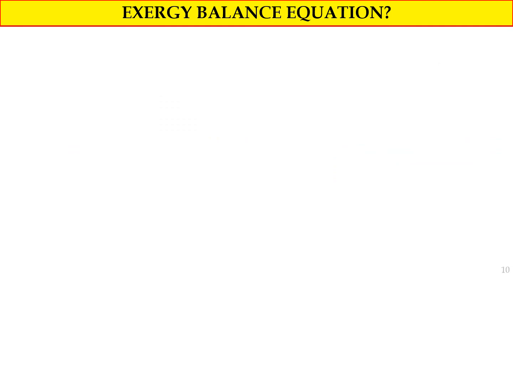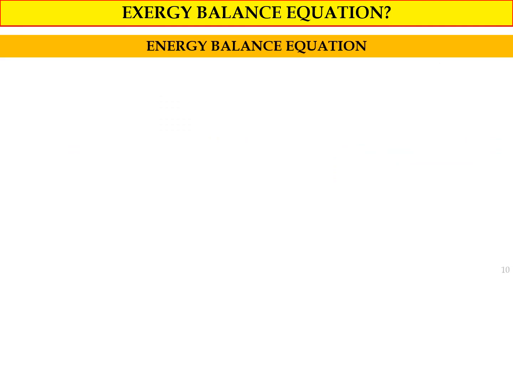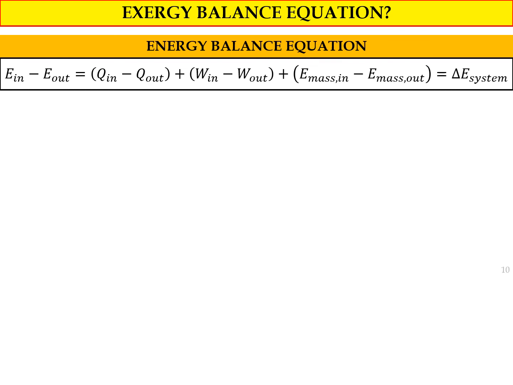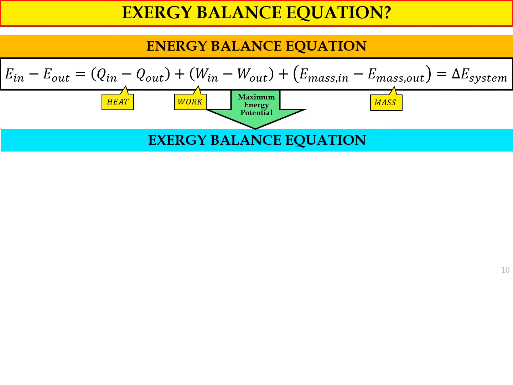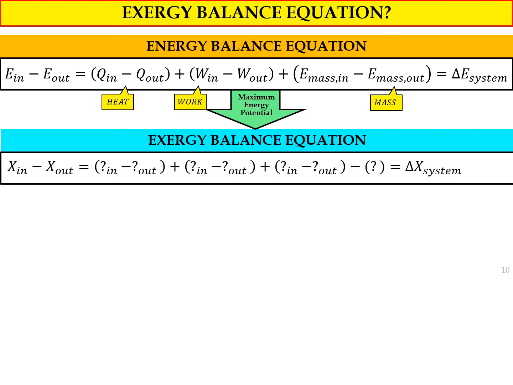So, exergy balance equation. The energy balance equation comes from heat, work, and mass. And then the maximum energy potential from this energy balance equation is the exergy balance equation. As you can see here, X in minus X out is almost similar to the energy balance equation.